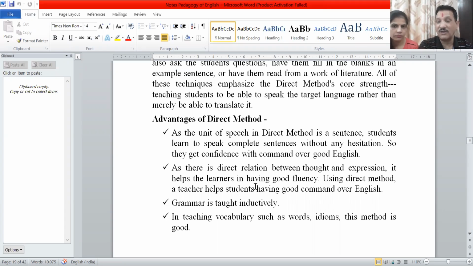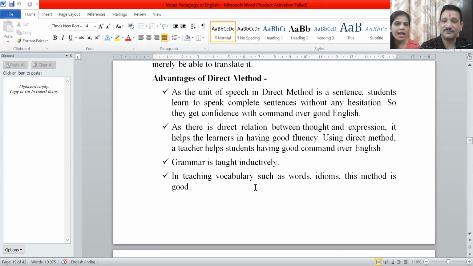Like if they want to go out, "May I go out, sir?" "Keep your book yourself." "Have you your pen, please?" "Please sit down. You can come. You can do your work." In this way, the teacher as well as the students use complete sentences. And after some time, the students become habitual and they get confidence.